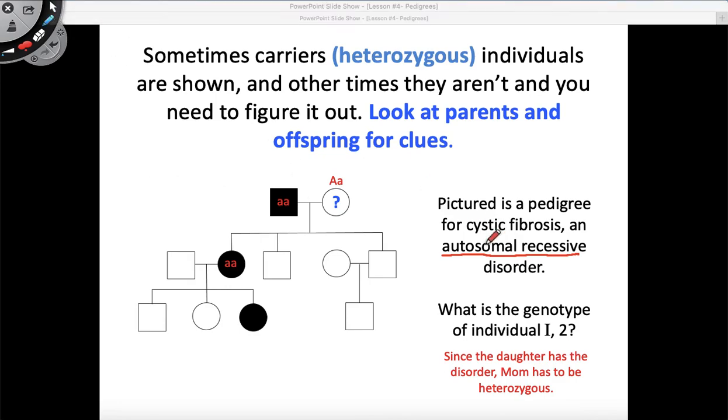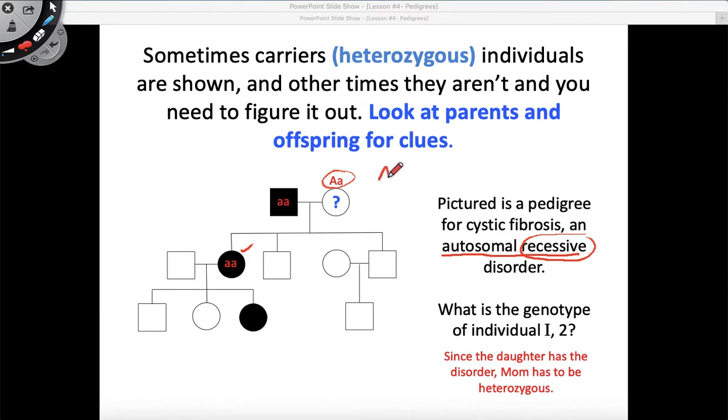So notice what we've done here. This is autosomal recessive, right? So that means that the shaded individuals are recessive because they have the disorder. So little a. And notice that this couple has an individual here who also has the disorder, little a. So in order for this individual to have it, mom also needed to carry the recessive condition, right?